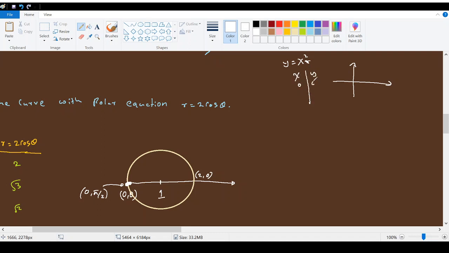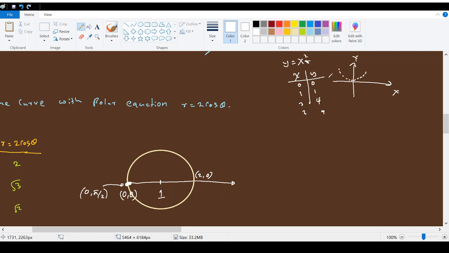Say for example x equals 0, y is 0; x equals 1, y is 1; x equals 2, y equals 4; x equals 3, y equals 9. Likewise, we find the values of y manually, plot them in the xy plane, and obtain the curve.